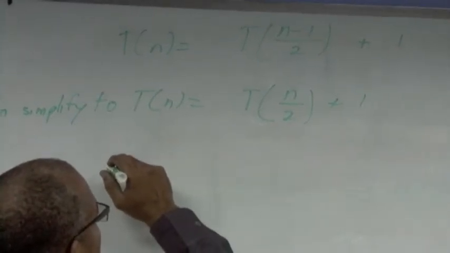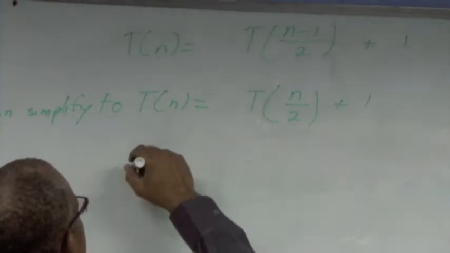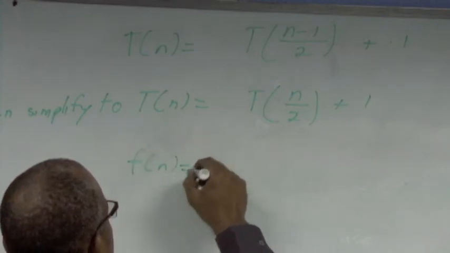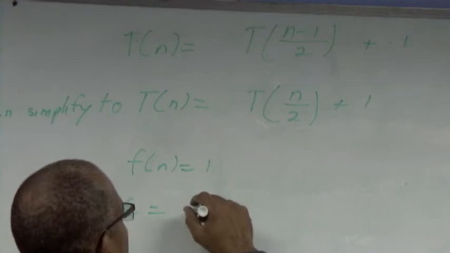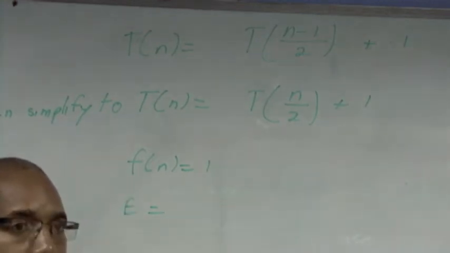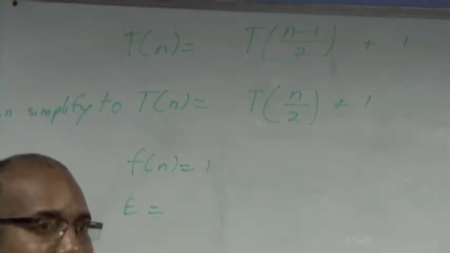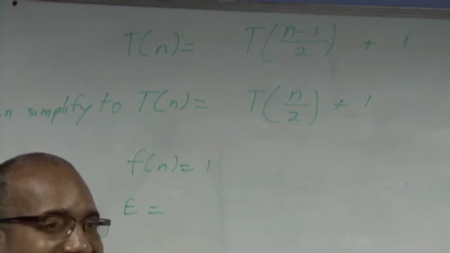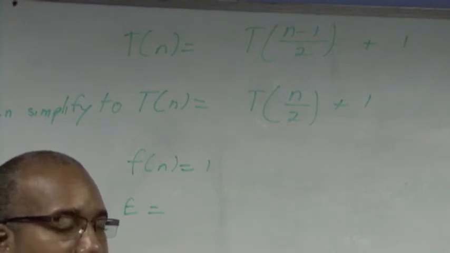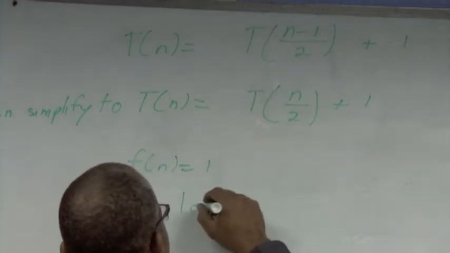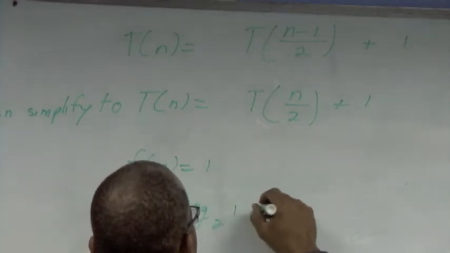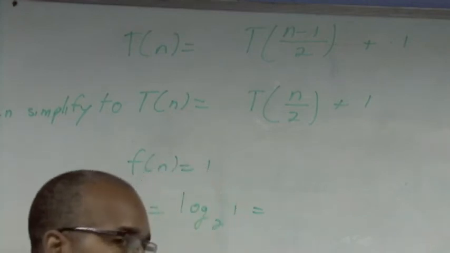So we can, f of n is 1, E would be equal to... there's no A? No. A is 1. Log to the base 2 of 1 is equal to 0.